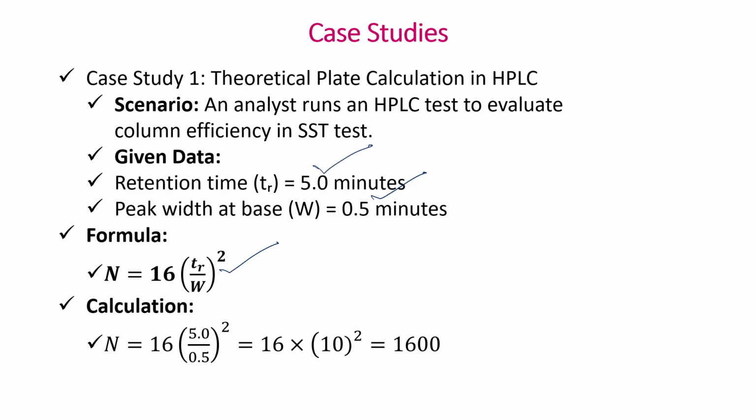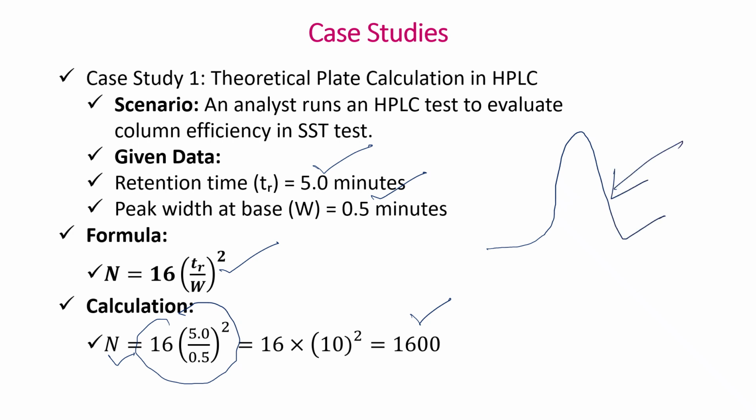Since here T is 5 and width is 0.5, hence N will be 16 into 5 divided by 0.5 whole square, which is equal to 1600. It means N is very low, and hence the peak will be broad.